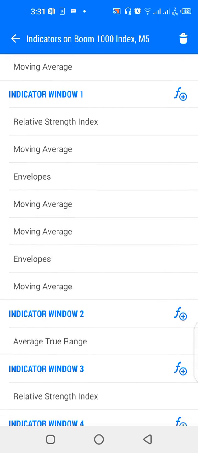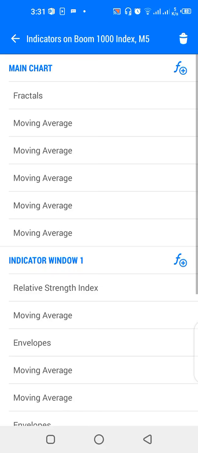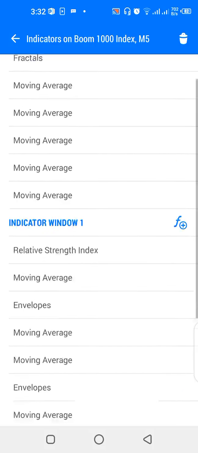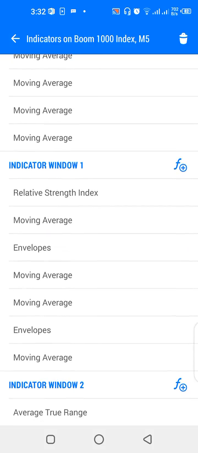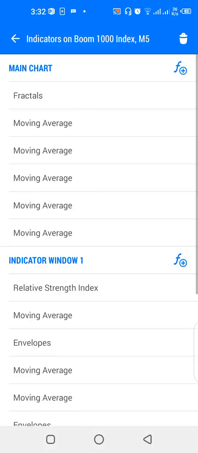Then on indicator window 1, you have RSI, period is 6, apply to close, no color. You have moving average, period is 30, shift is 0, method is simple, apply to previous indicator's data, color is blue. Then you have envelopes, period is 50, shift is 0, deviation is 40.100, method is simple, apply to first indicator's data, color of the upper and lower band is green.